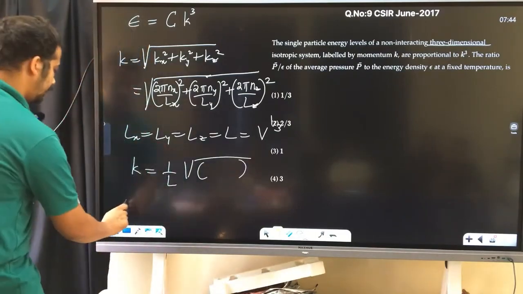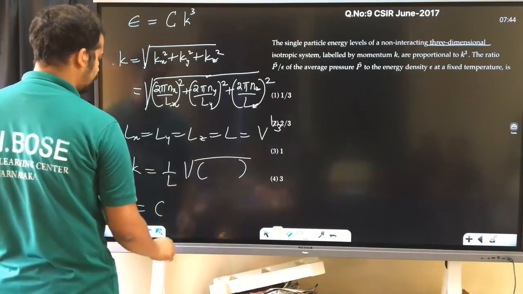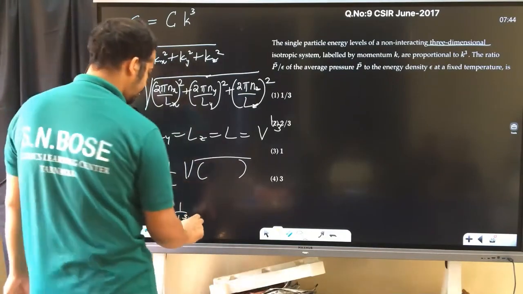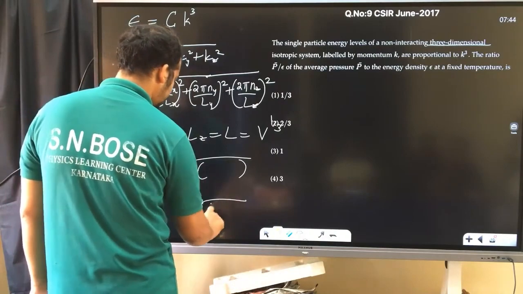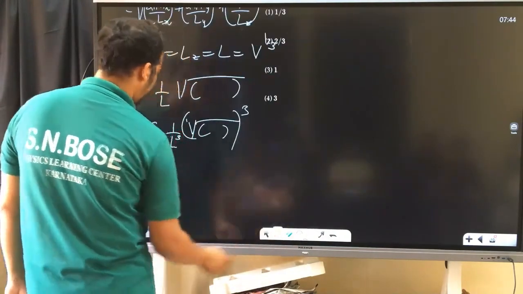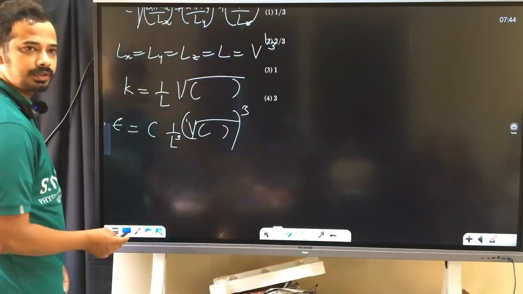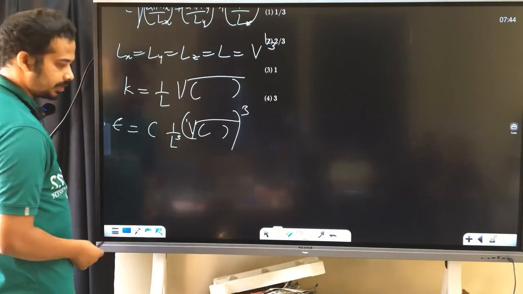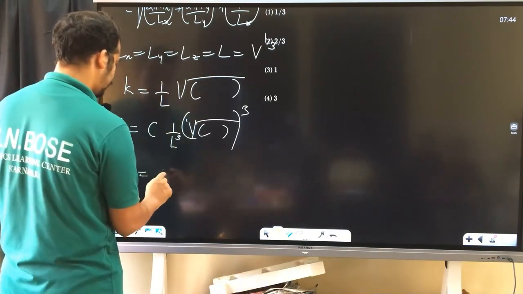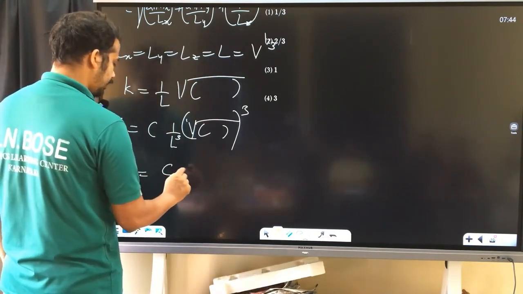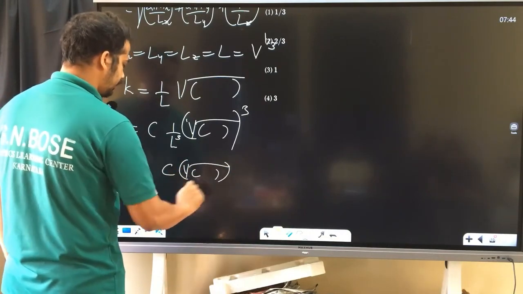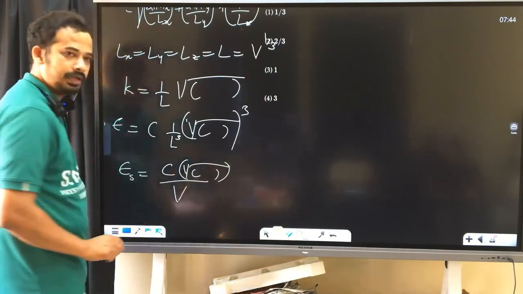Now energy is equal to some constant into k cube, 1 by L cube, into this root of this one, the whole cube. What is 1 by L cube? L cube is nothing but volume, isn't it? So energy of the S state is equal to C into this root of this stuff divided by volume. Am I right?